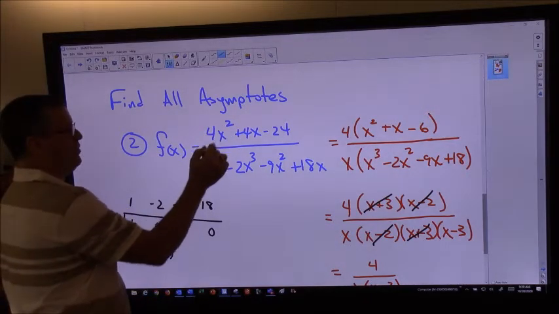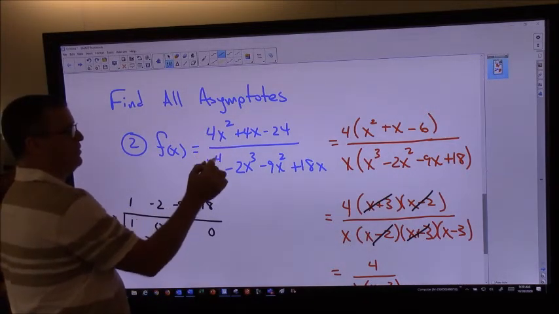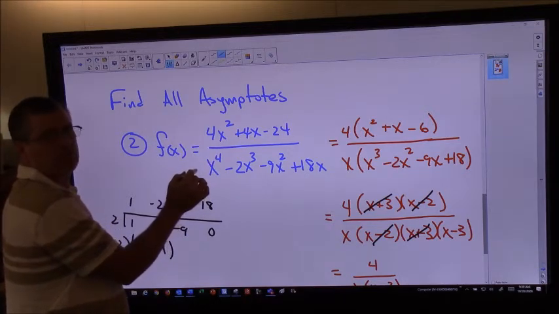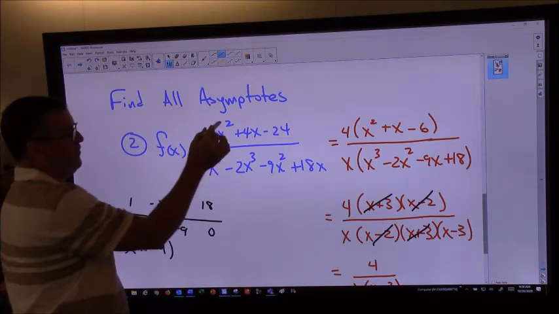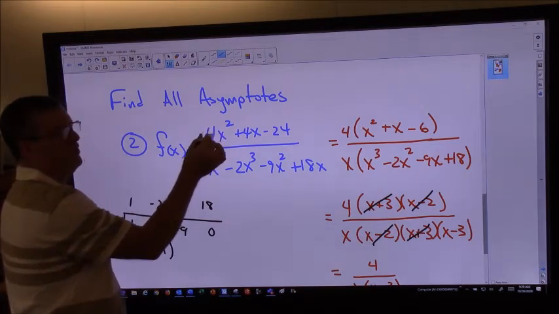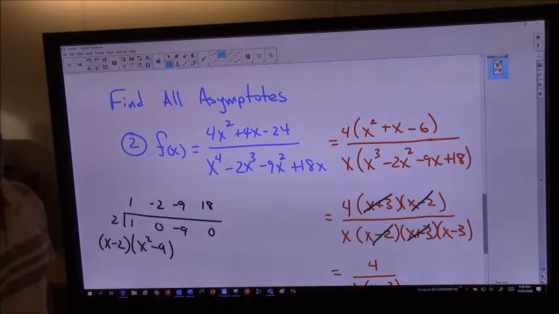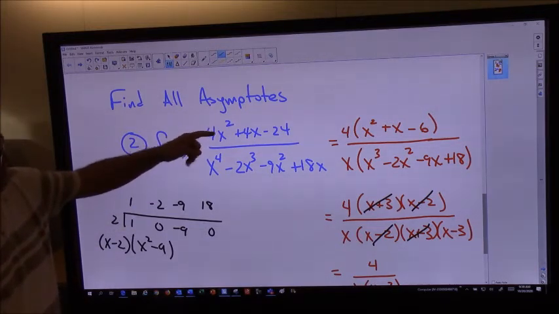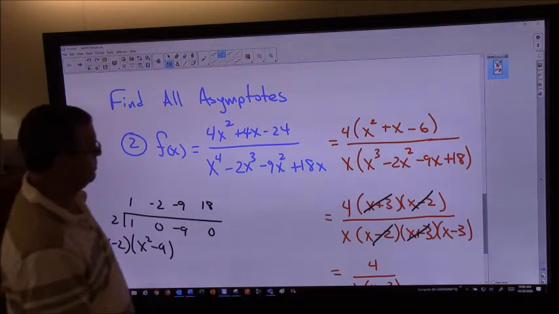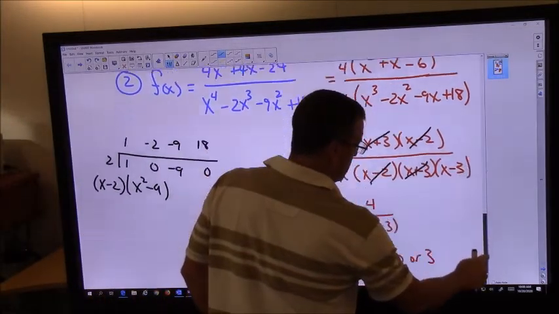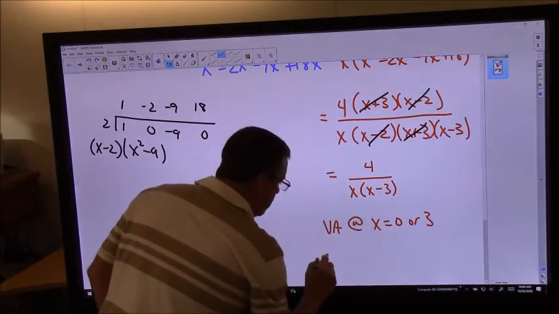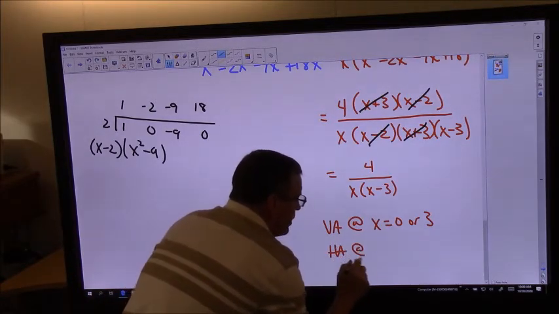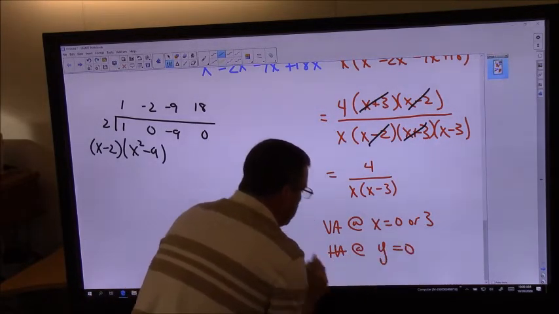If these two exponents are equal to each other, then I look at the leading coefficients, right? And if this exponent is larger by 1, then there's a slant asymptote. Okay, but since that's smaller, we know that there's one at y equals 0. All right, so a horizontal asymptote at y equals 0.